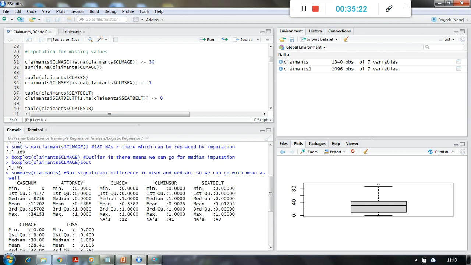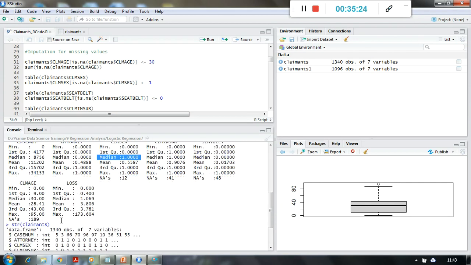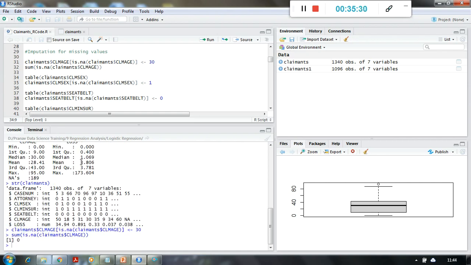For this one, we can simply go and check the mean and median value for each column, right? How about the discrete data? For the discrete data, we have to do the mode imputation. And what is mode? Mode is nothing but the value with the highest number of occurrences, right?